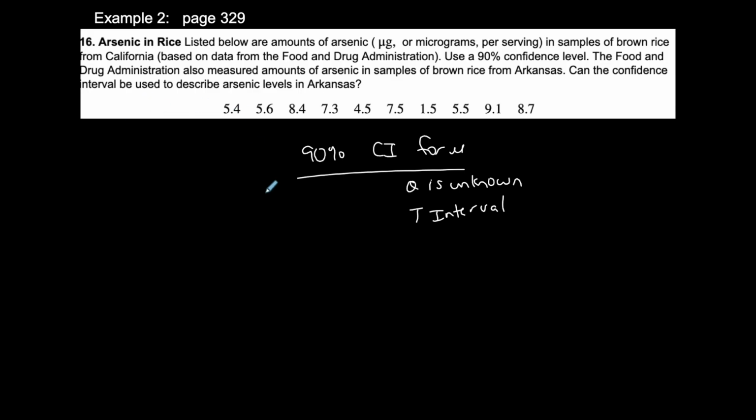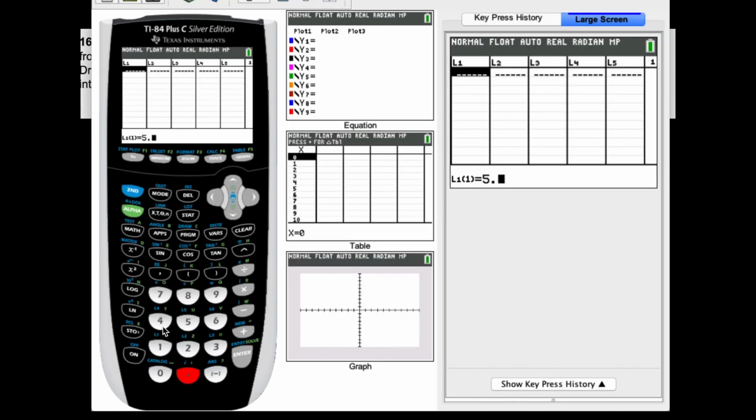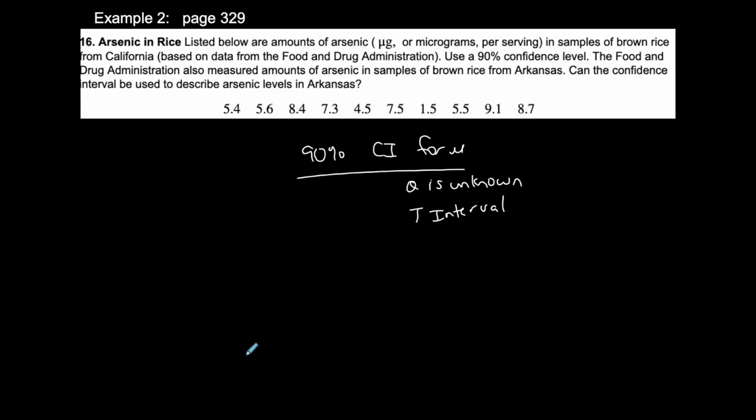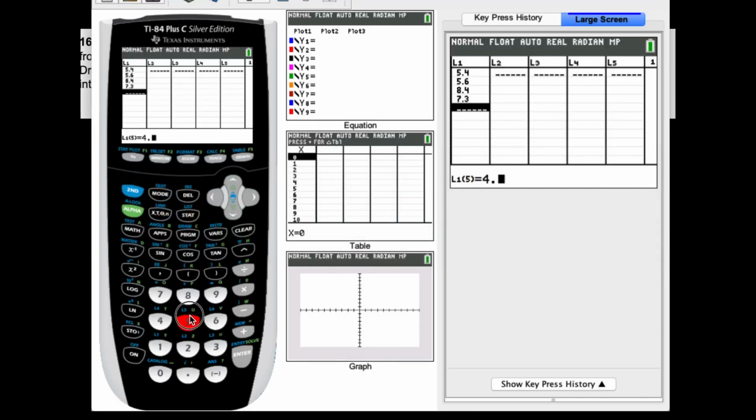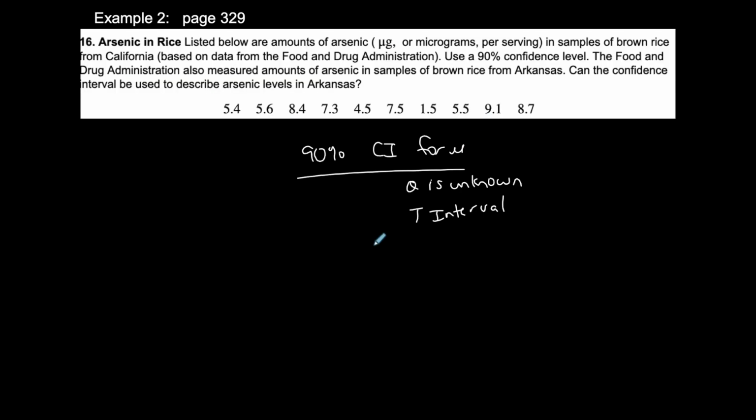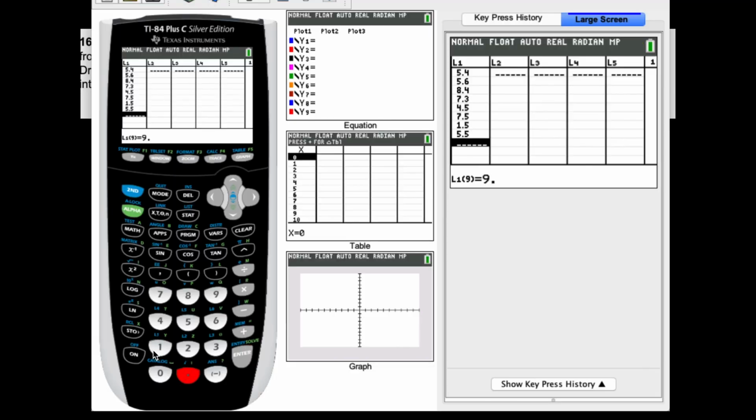So I have 5.4, enter. 5.6, enter. 8.4, 7.3, 4.5, 7.5, 1.5, 5.5, 9.1, 8.7.